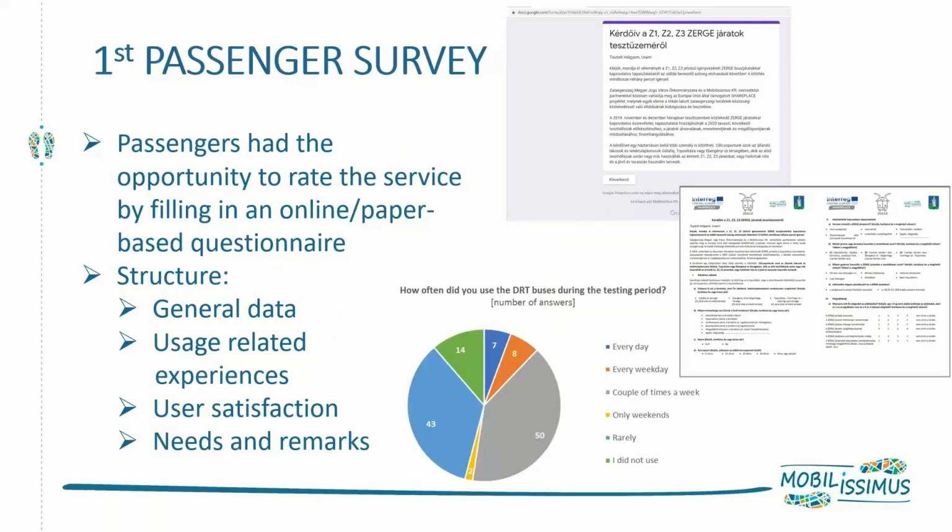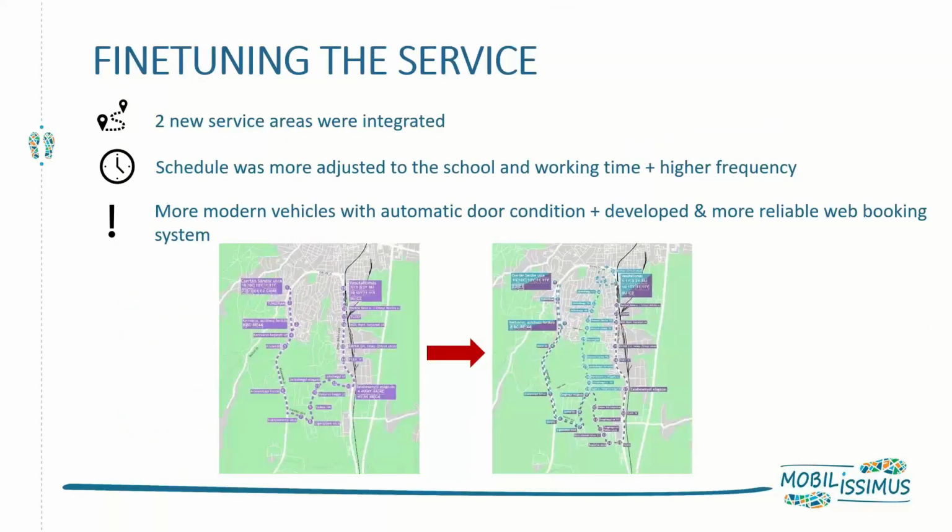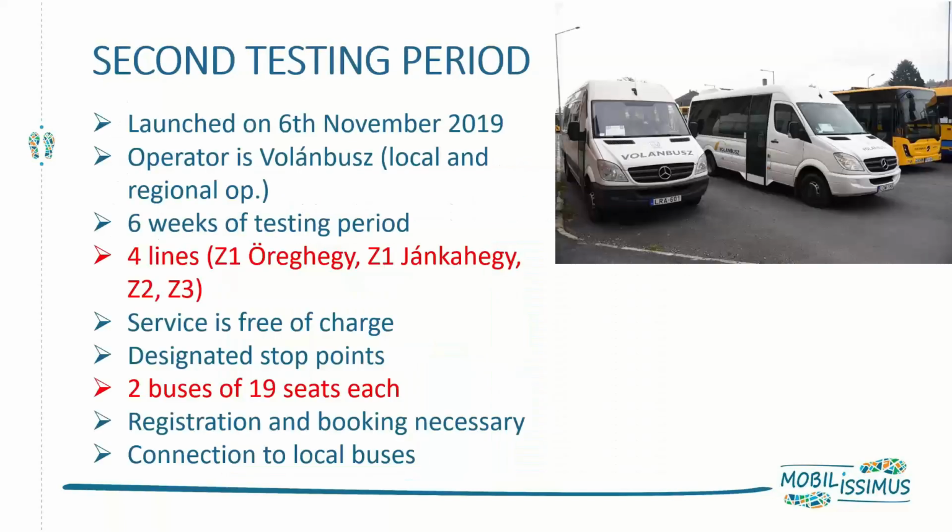Another important aspect in the economy of the project was the idea of integrating the DRT within the existing network. A passenger survey was developed for the users in order to fine-tune the main aspects of the service before the second testing period.